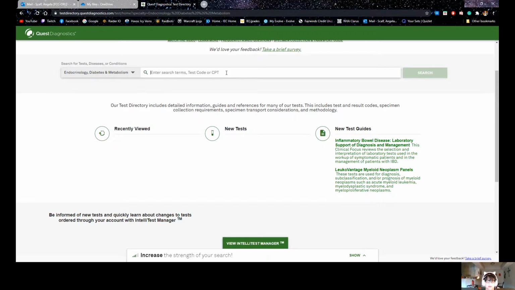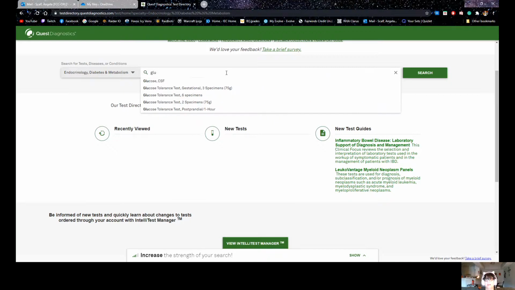Say you weren't sure, you could just put GLU and it automatically starts. So if you know he's testing you for glucose and you want to know what it means, or, say, I'm pregnant. What is a glucose? The doctor said he's going to do a glucose tolerance. Or if you want to be able to explain this to your patient.